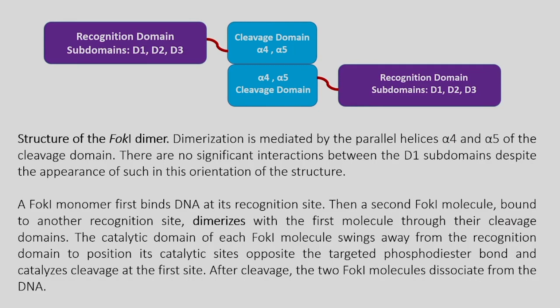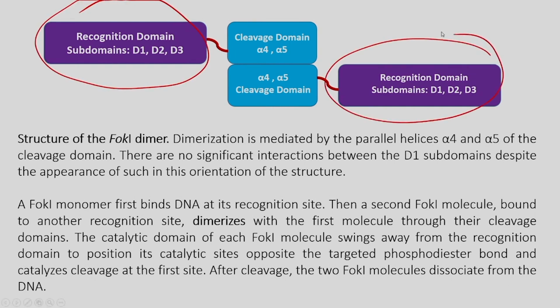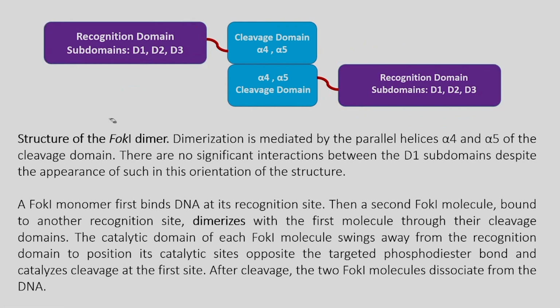Structure of the FokI dimer: dimerization is mediated by the parallel helices alpha 4 and alpha 5 of the cleavage domain. There are no significant interactions between the D1 subdomains despite the appearance of such in this orientation of these structures. So, they remain further away from one another and they do not have any role in this dimerization, but the alpha helices 4 and 5 in the cleavage domain play a major role.